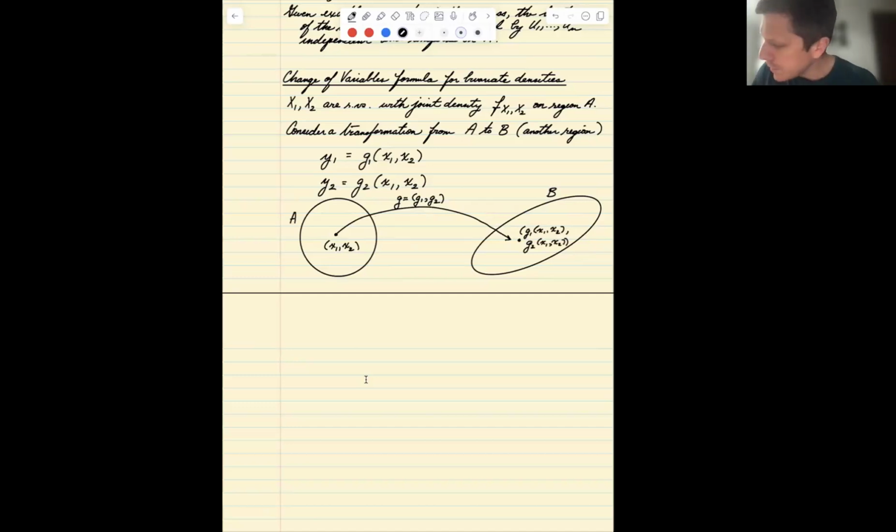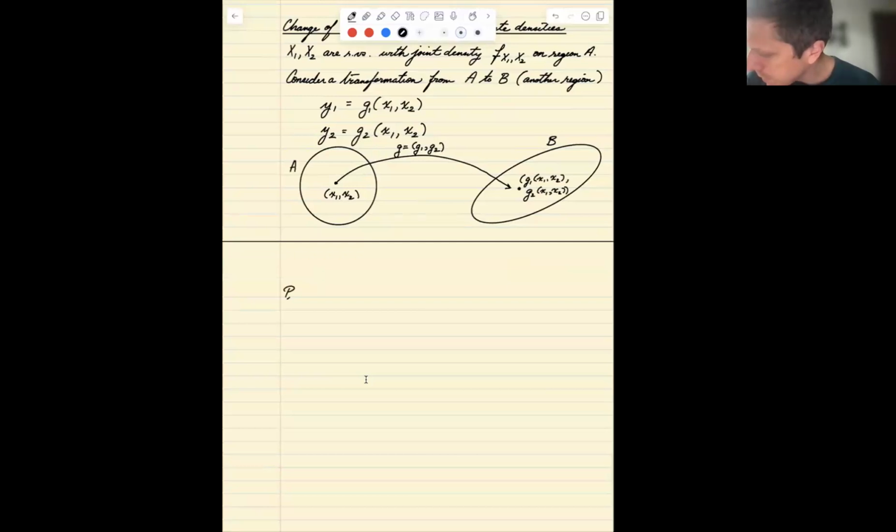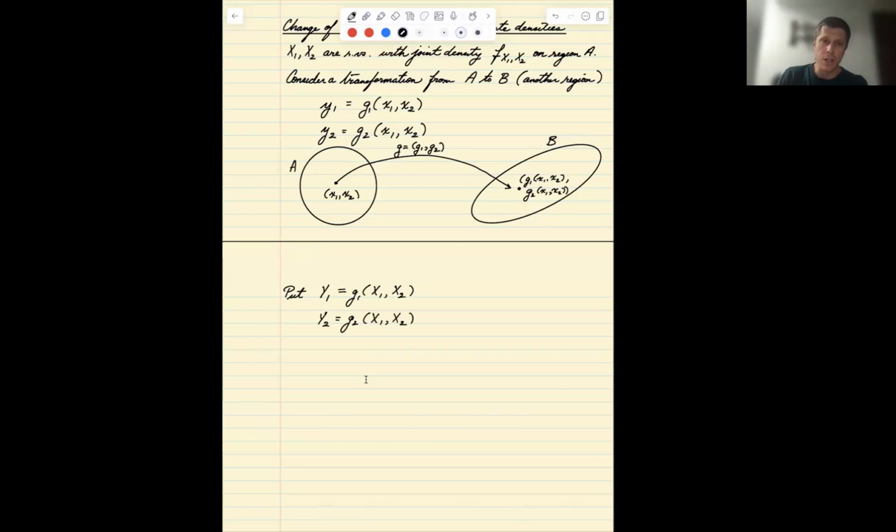Okay. So we're going to define from this the random variables Y1 and Y2 by processing x1, x2 through g1 and g2 respectively.